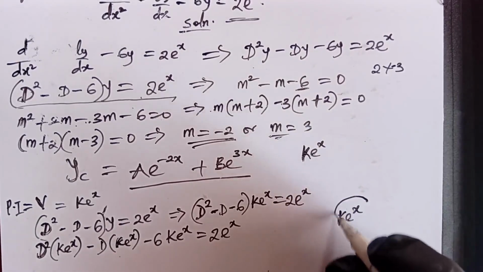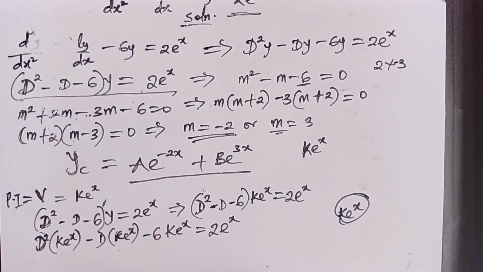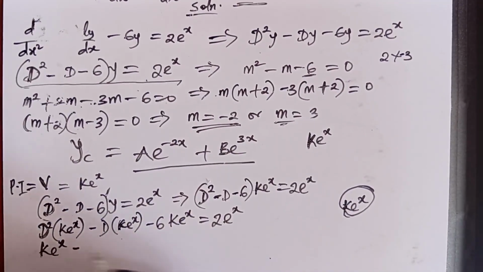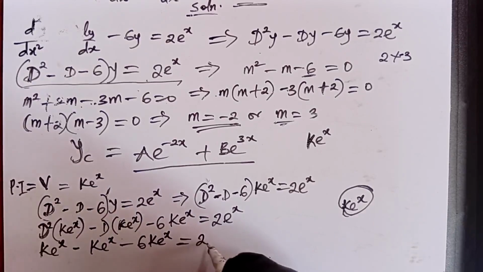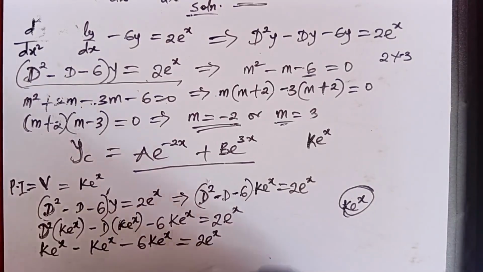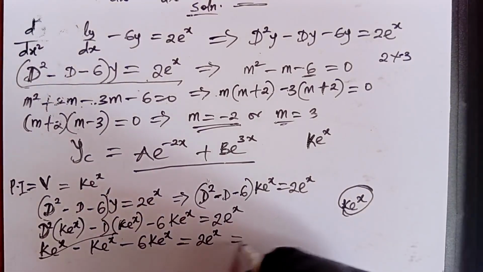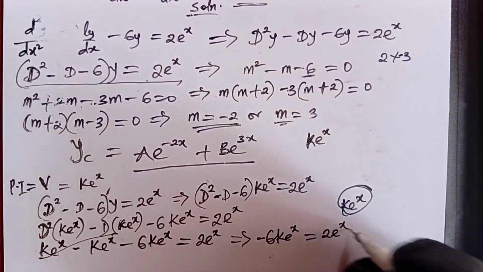So even if I differentiate this 10 times, I'll still get k e to the x. So the second derivative of k e to the x is still k e to the x, minus k e to the x, minus 6k e to the x equals 2e to the x. This will cancel out. So what do we have?